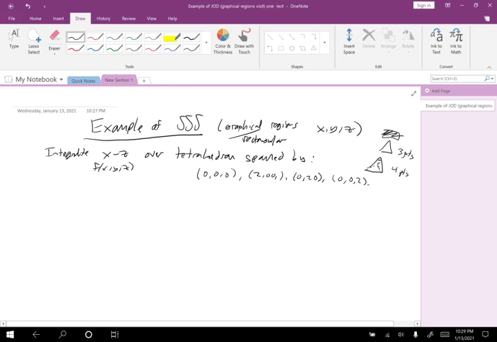So you can already tell this is kind of an easy problem because everything is kind of symmetric. And actually this one is anti-symmetric. So whenever you see anti-symmetric plus symmetric, immediately think of 0.